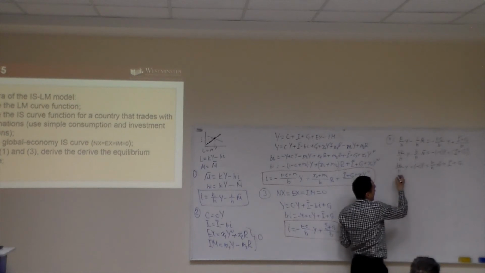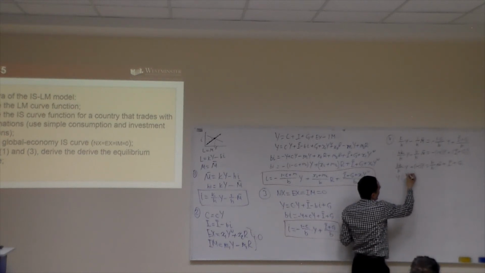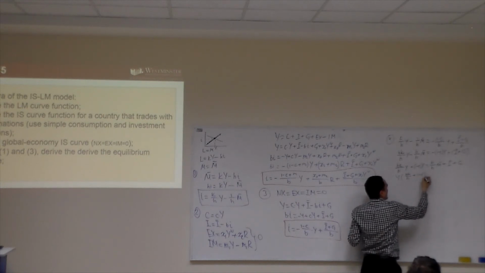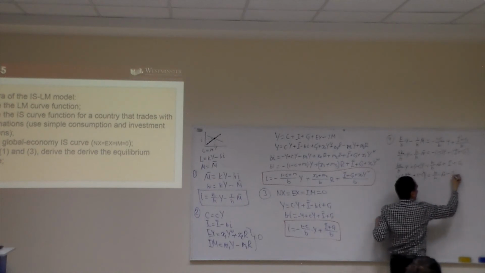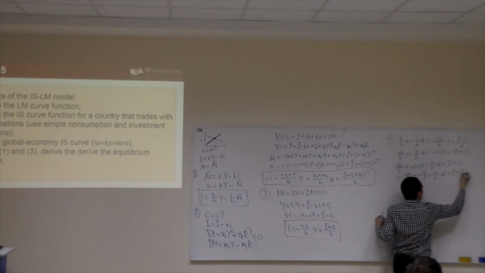Where our Y times BK over H plus 1 minus C equals B over H times minus money supply plus autonomous investment plus government spending.